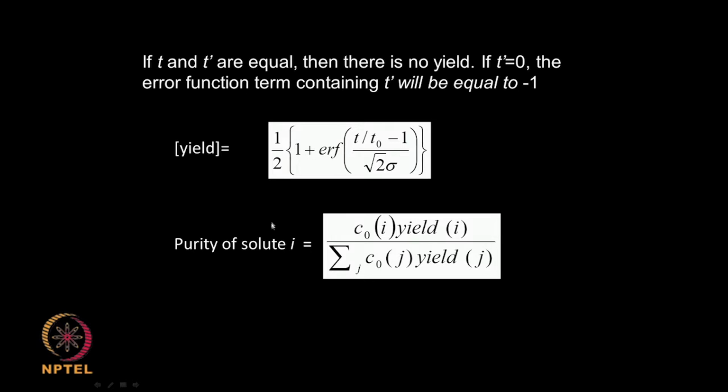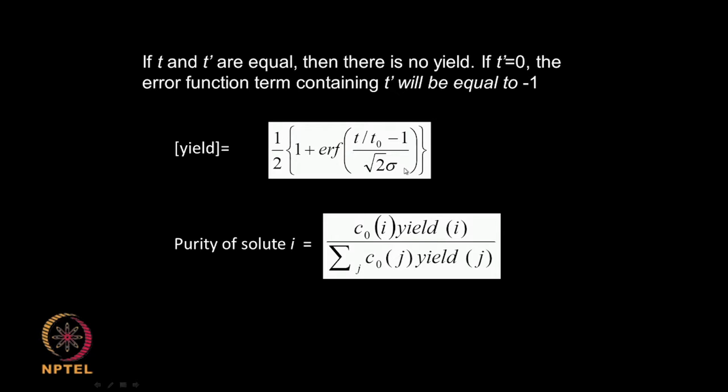If t and t dash are equal, then there is no yield. If t dash is equal to 0, the error function term containing t dash will be equal to minus 1. So, you will end up with half of 1 plus error function of (t by t0 minus 1) by square root of 2 sigma.